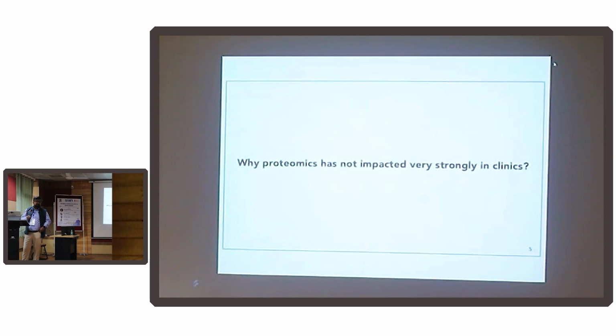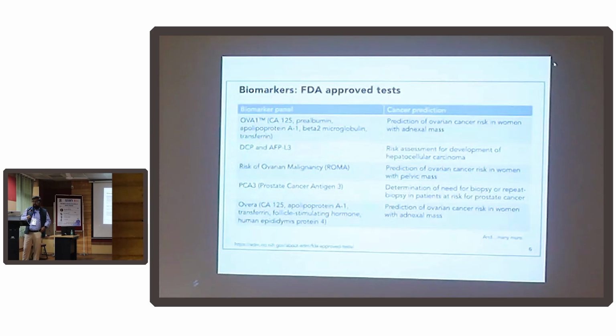Whereas if you see proteomics, even abroad, there are very few options. But there are a few options that have started off. One is OVA1, a prediction of cancer risk in women with adnexal mass. You have DCP and AFP-L3 that give you a risk assessment for development of hepatocellular carcinoma.